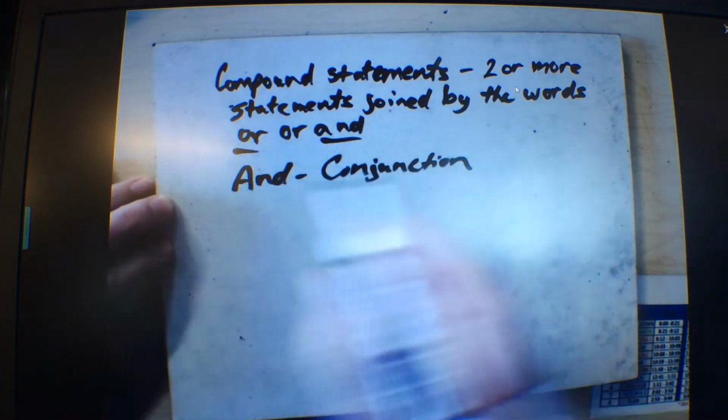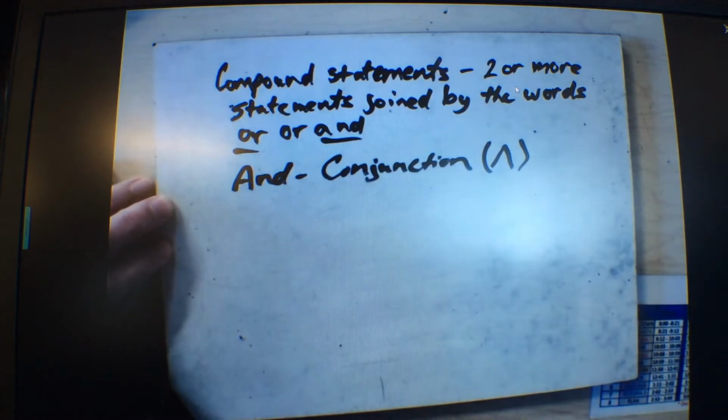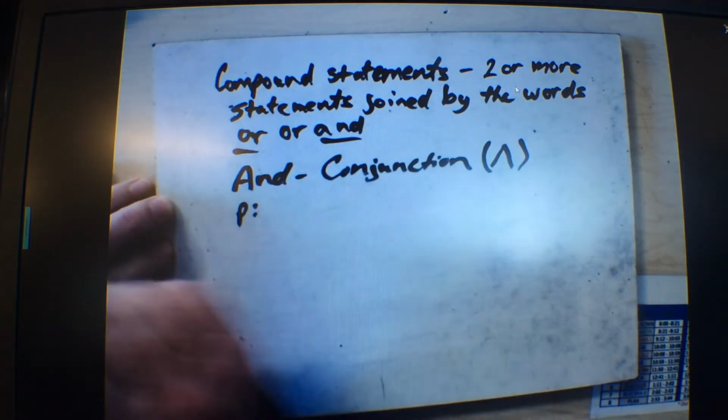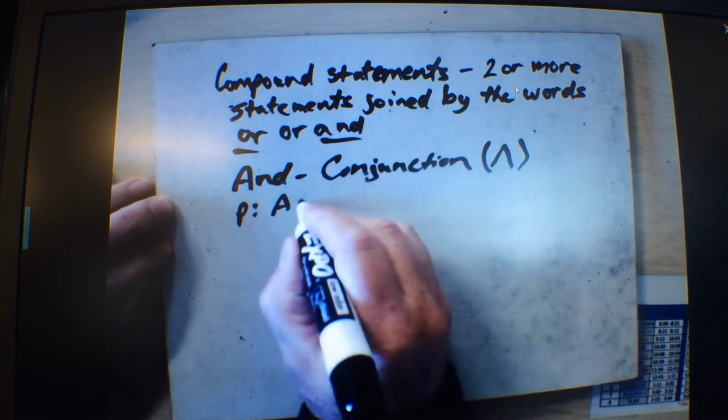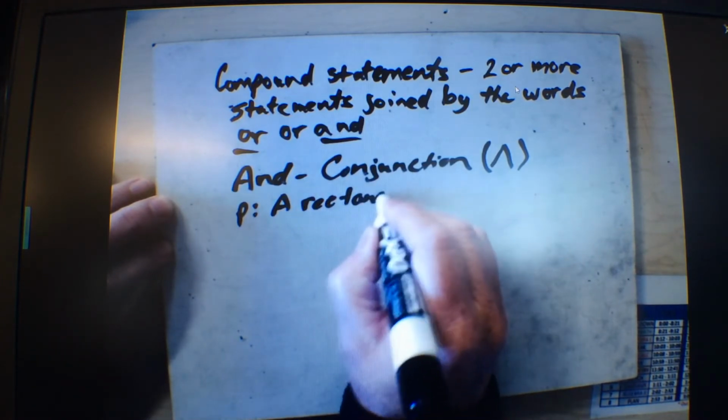And we have a symbol for conjunction. It's an upside down V. So let me start with P. Remember, P was a rectangle is a quadrilateral.